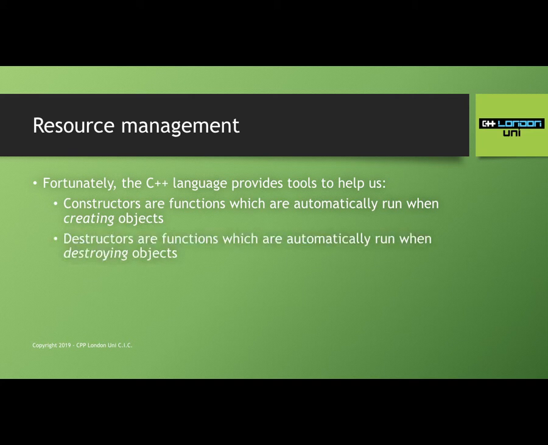And the counterpart to a constructor is a destructor. And a destructor is a function that is run automatically by the compiler when it is destroying an object. Constructors used for creation, destructors used for destruction. Right?